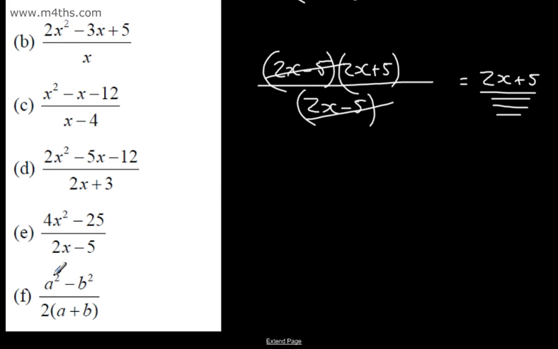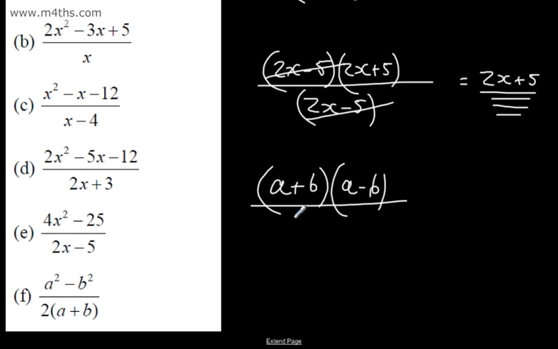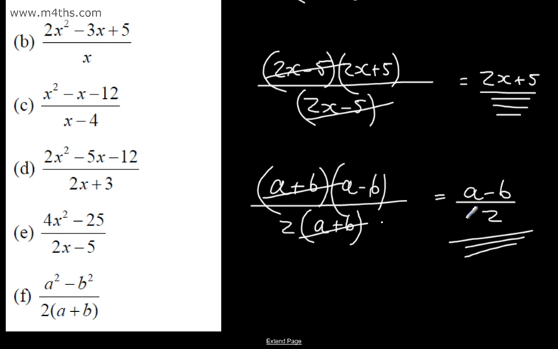Okay, the next one, again, we have a difference of squares. A squared minus b squared is a plus b multiplied now by a minus b. That is going to be over two lots of a plus b. The a plus b's are the common factors, and that simply leaves us now a minus b divided by 2. Now you could argue that you could write this as a over 2 minus b over 2.